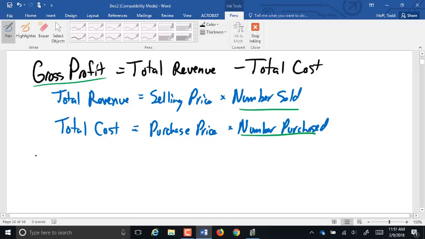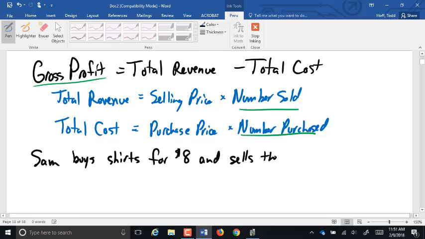We might have a situation like Sam buys shirts for $8 and sells them for $15.